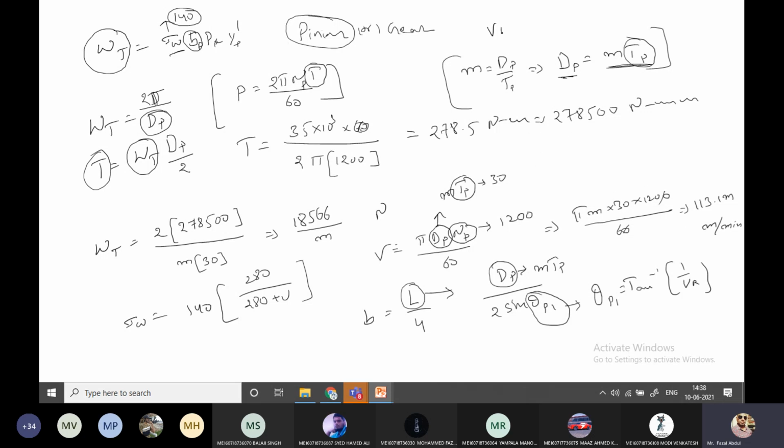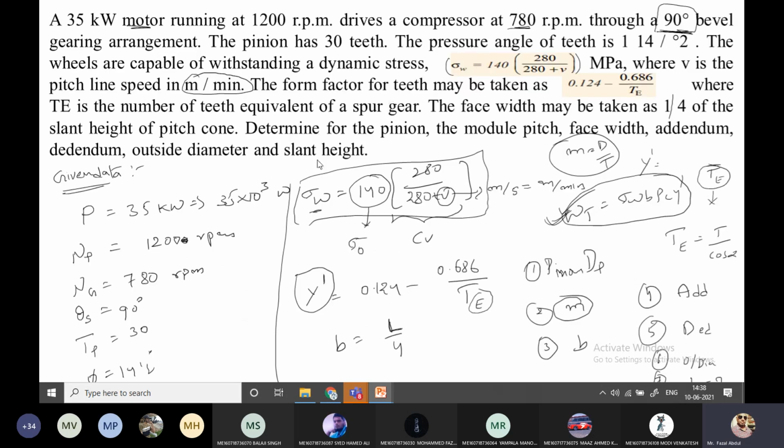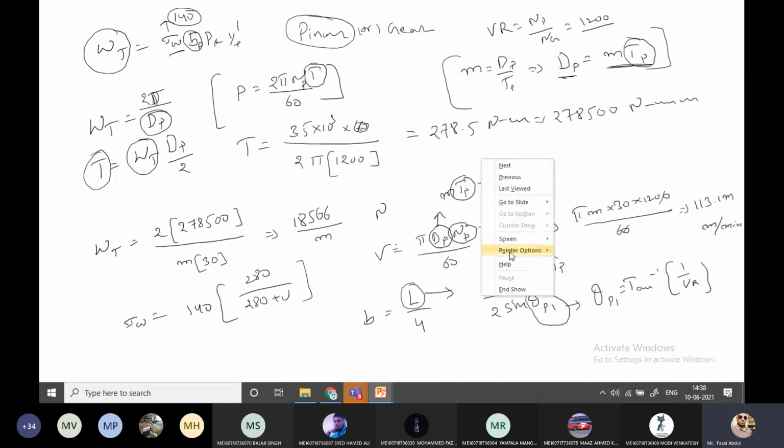Vr is the velocity ratio, Np by Ng. Np value 1200 is given in the question, and Ng is given as 780. So what is Vr here? 1.538.